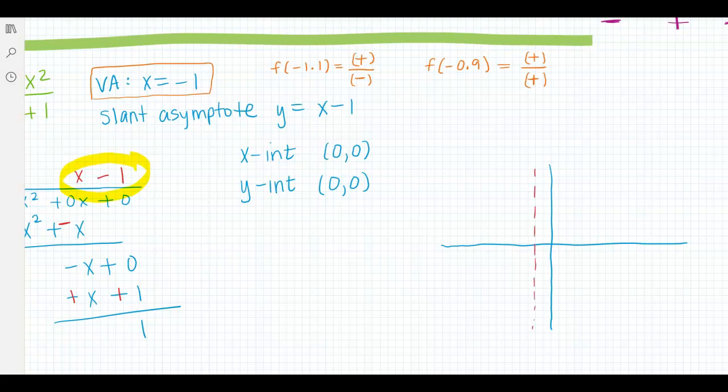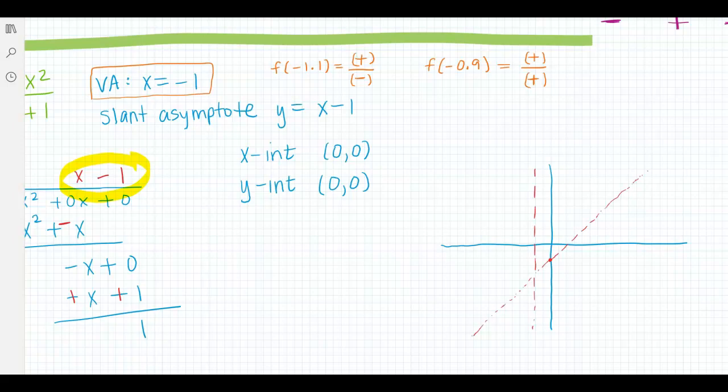The other line we have to do is x minus 1. So -1 is the intercept, and then it has a positive slope of 1. So it's going to look like this. Right, you just use y-intercept and slope to get your other asymptote.